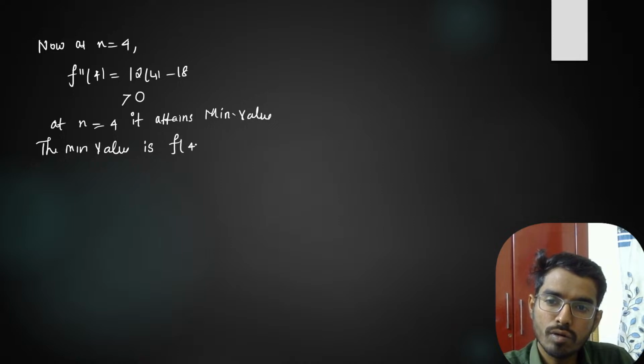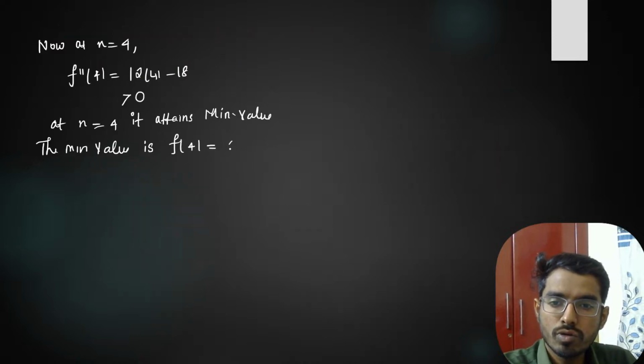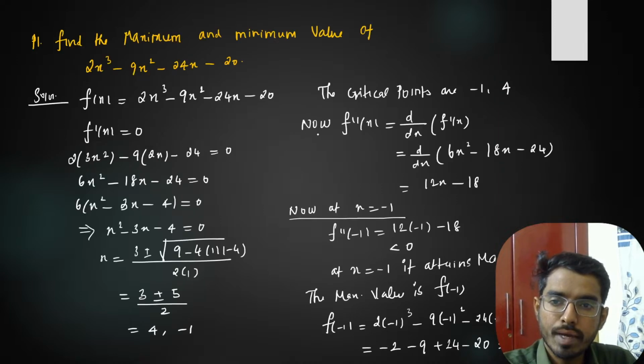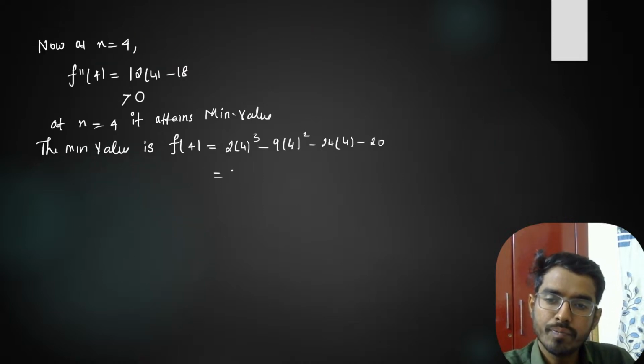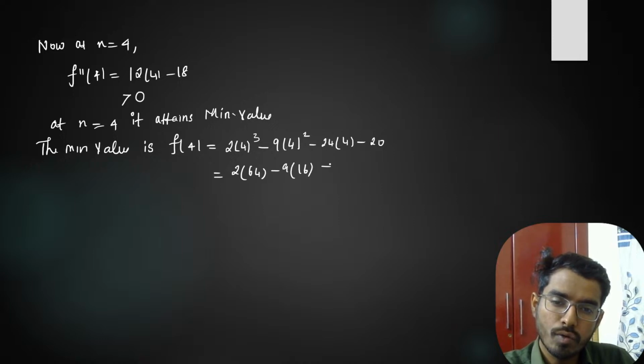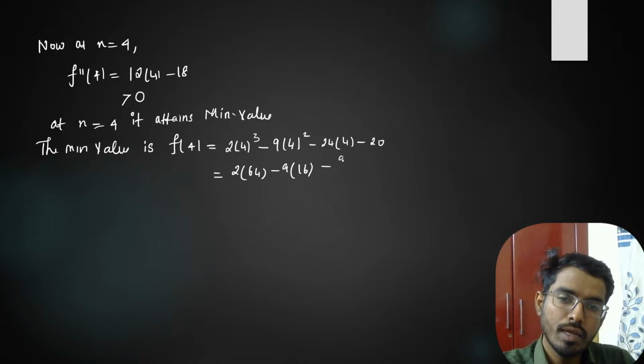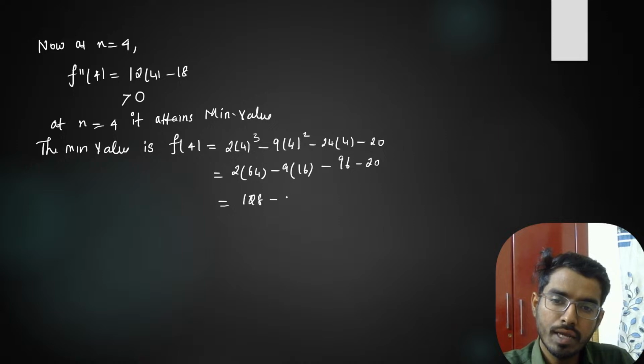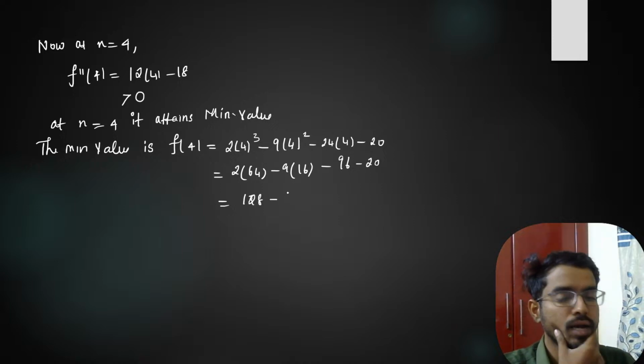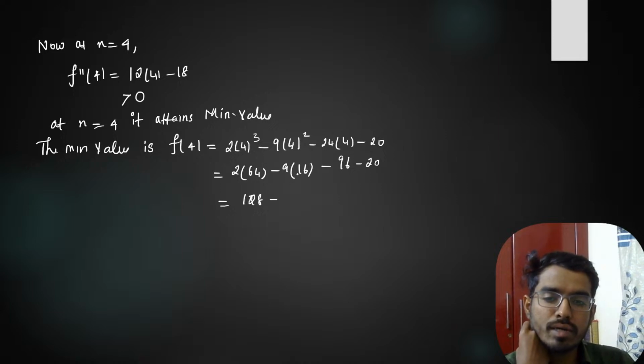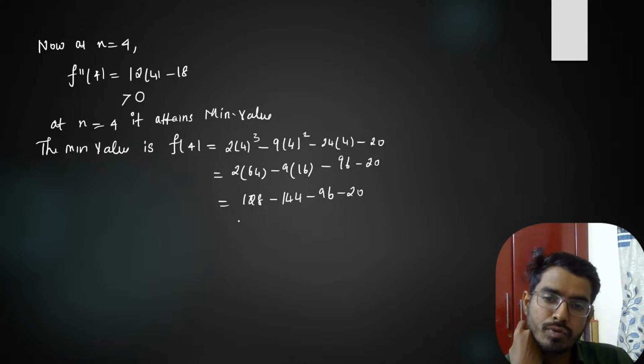The minimum value is f of 4. Now what is f of 4? 2 into 4 cube, 9 into 4 square, minus 24 into 4, minus 20. So 2 into 4 cube is 128, 9 into 4 square is 16 nines, which is 144, right? 24 into 4 is 96, minus 20.